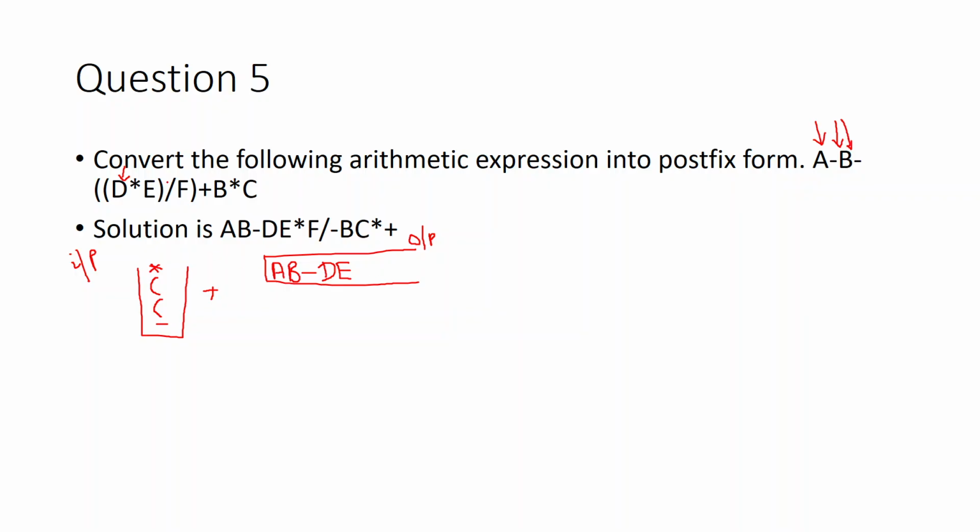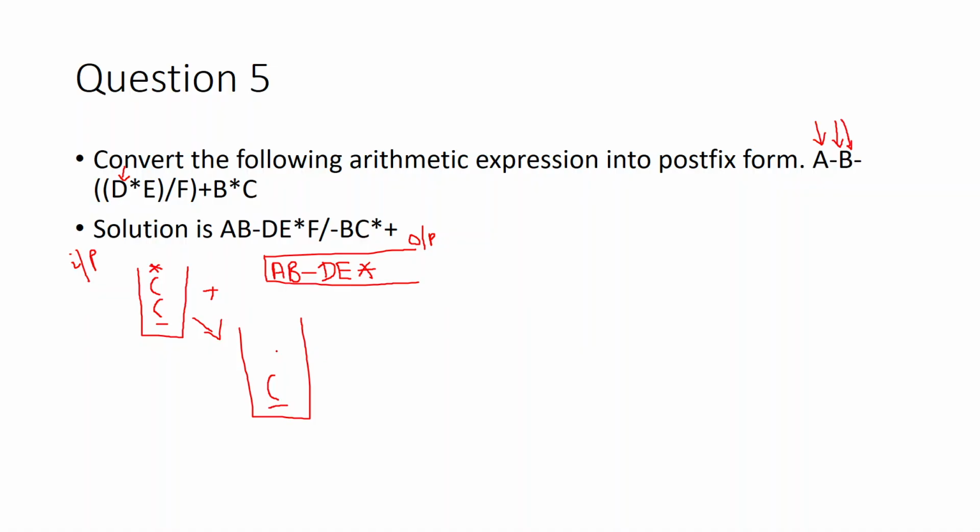Here we found the closing parenthesis, so we can pop the multiplication and place it into the output stack. So after this, the input stack looks like this. Subtraction is already existing, with one open parenthesis.